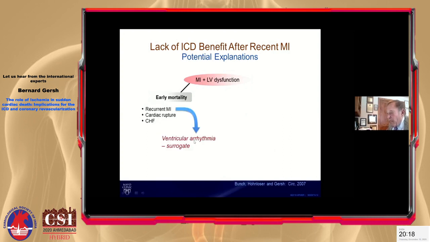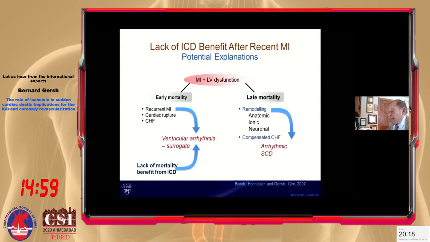Ventricular arrhythmias in these patients are simply a surrogate of these other processes. Remember, many things can cause ventricular arrhythmias, and it may not be a primary arrhythmic event. It's a surrogate of these other events. And here you will get appropriate shocks from the ICD, but it will not have a mortality benefit. In fact, the group at the highest risk of non-arrhythmic death had the most number of shocks.